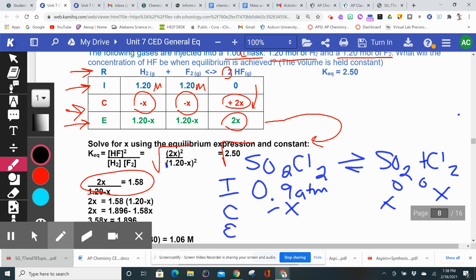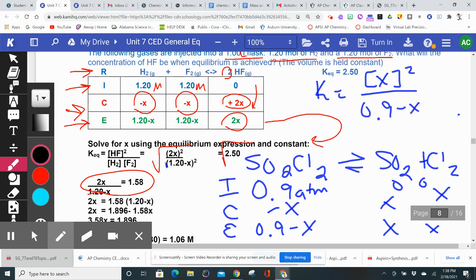And at equilibrium, it's 0.9 minus x, and this is x and x. Well, if I put that into my equilibrium constant, that's going to be x squared, because x times x is x squared, over 0.9 minus x. And then I'm going to wind up having to do some crazy quadratic formula math to figure out what x is. No, don't do that.